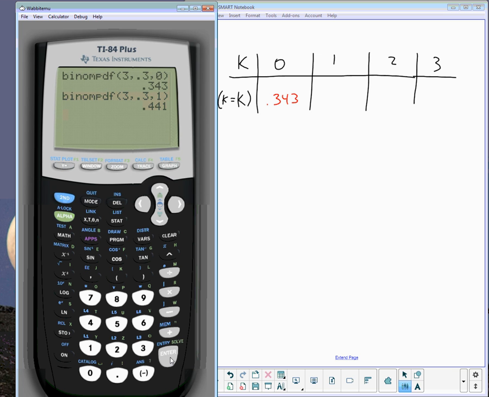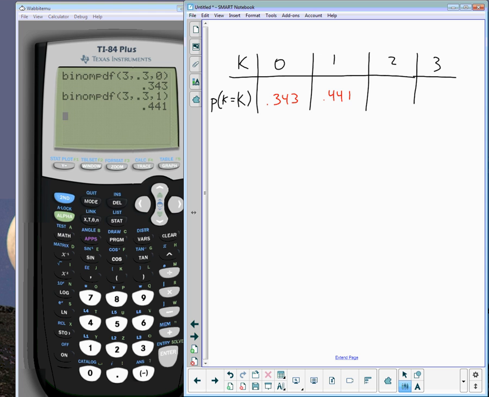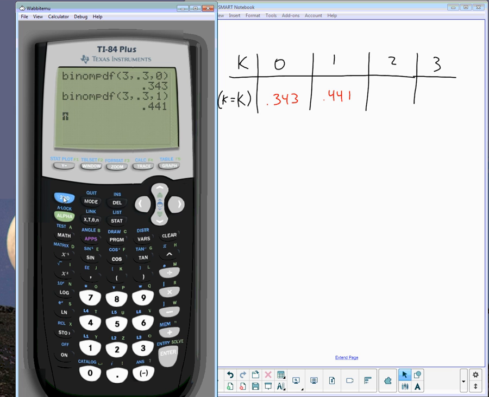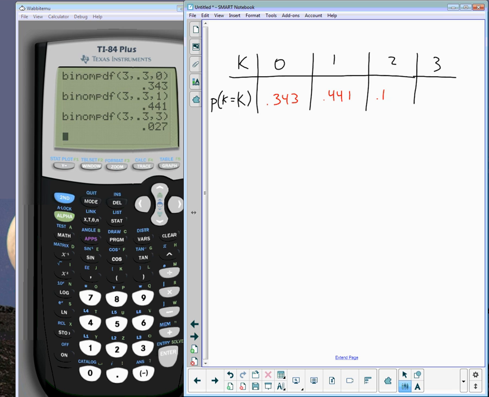1 win. 0.441. We already did 2 wins. That was 0.189, so here's 3 wins. And to graph that, would look something like that.